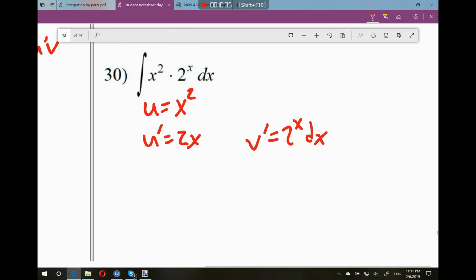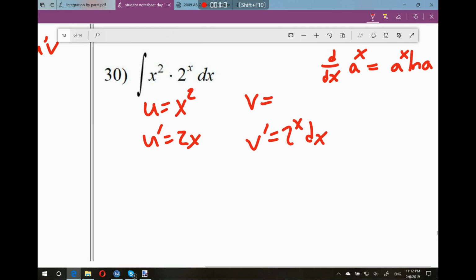What do you think will happen if I integrate 2 raised to the x power? I'm not sure. Okay. So we know that if we derive a real number raised to the x power, we'll get a to the x ln a.